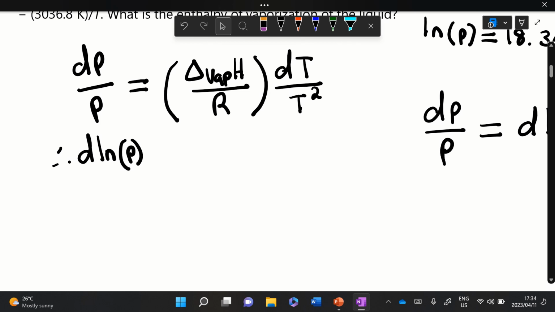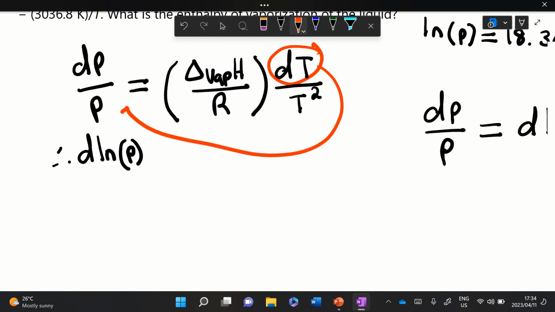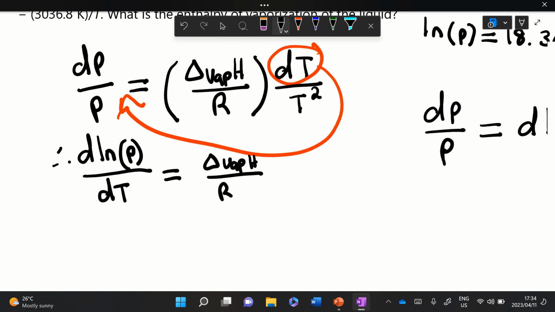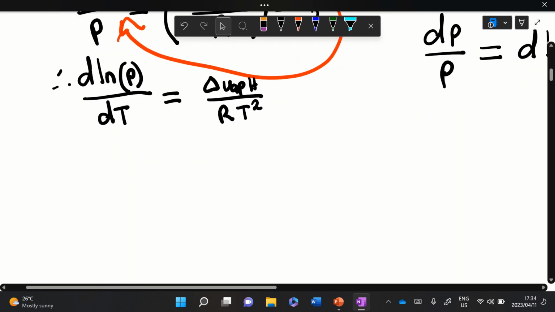And now if I take the dT to the other side, in other words divide by dT on both sides, I get a nice expression with T squared that I can use.